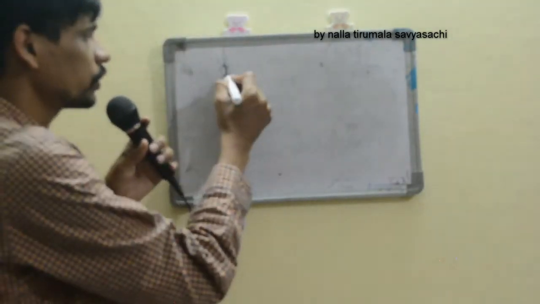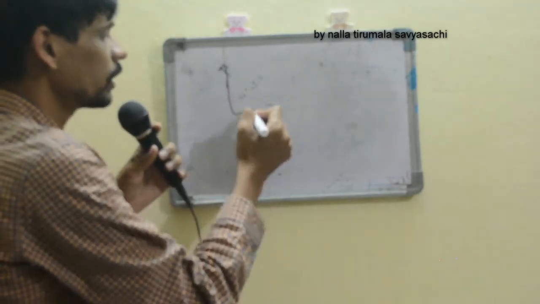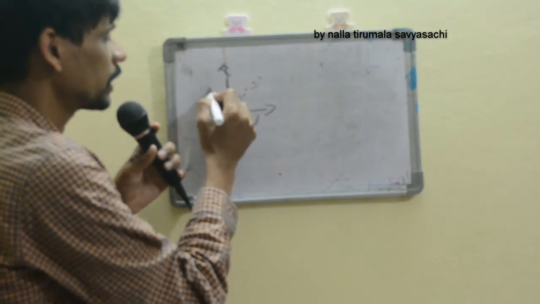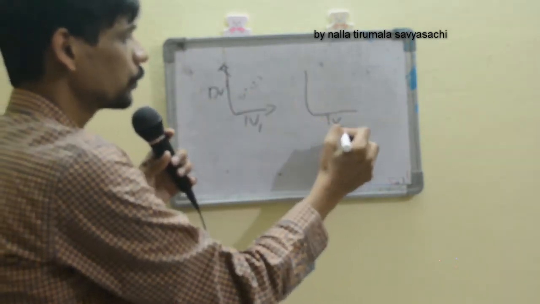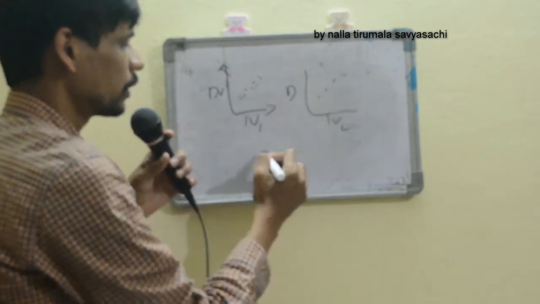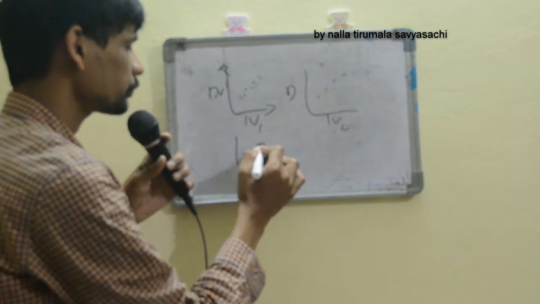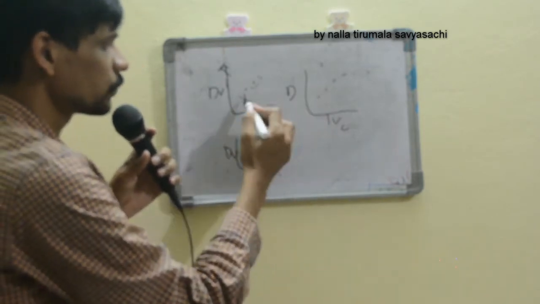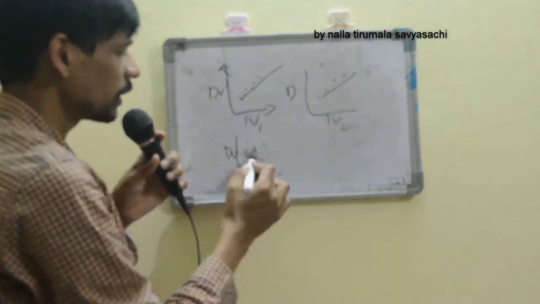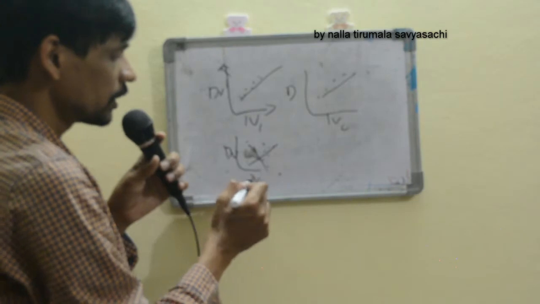So first we identified the relationship between our independent variables as well as the dependent variable, IV1, IV2 and IV3. So in these both cases we found some linear relationship, but in this case there is no linear relationship, so we eliminated this IV3.